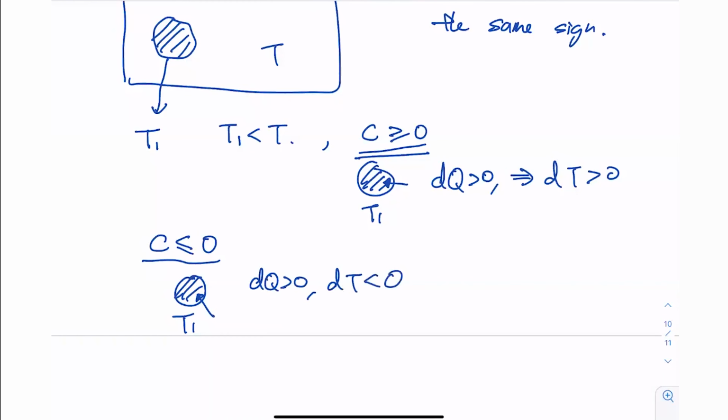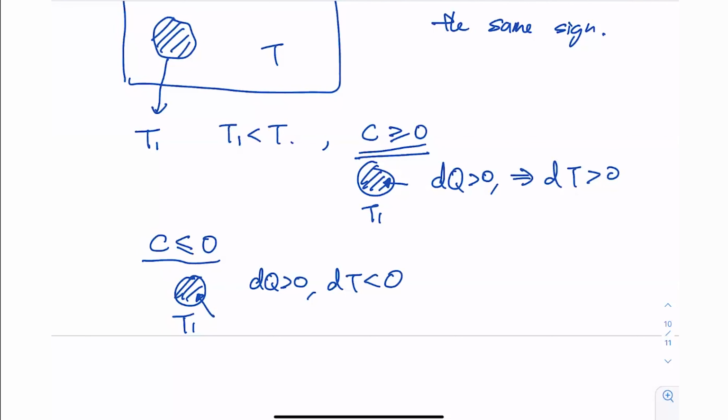That's bad because it means that when energy flows into this low temperature region, this region gets even lower in temperature. So the temperature fluctuation is going to be larger and larger, and eventually your thermodynamic description is not going to be a valid description.